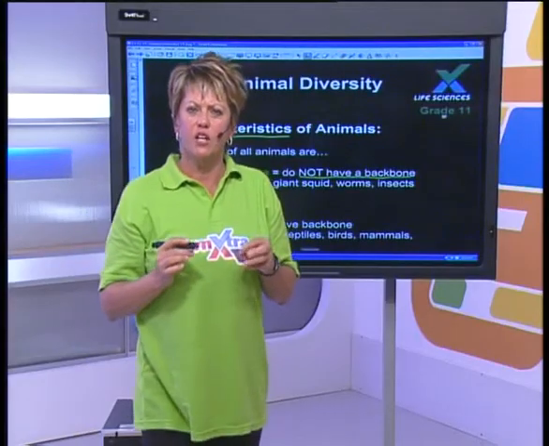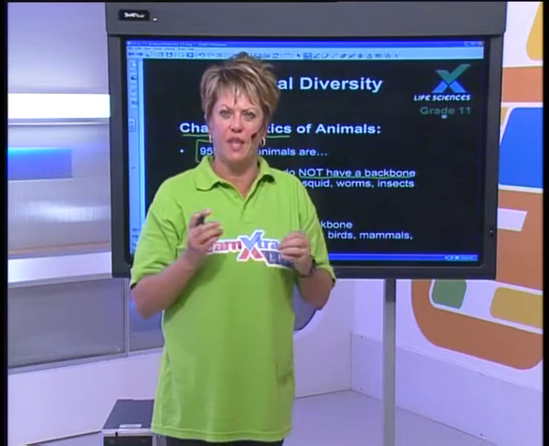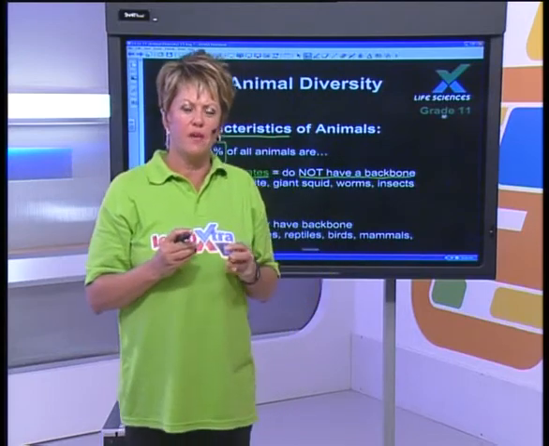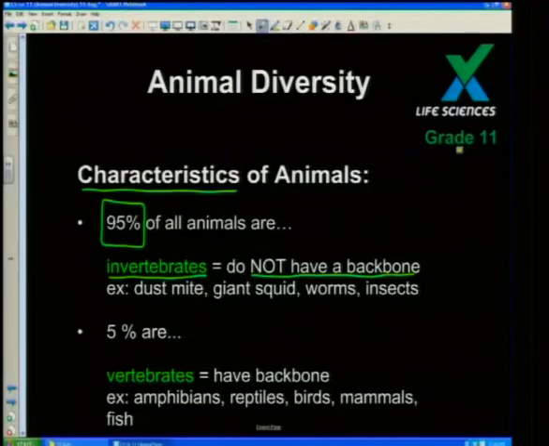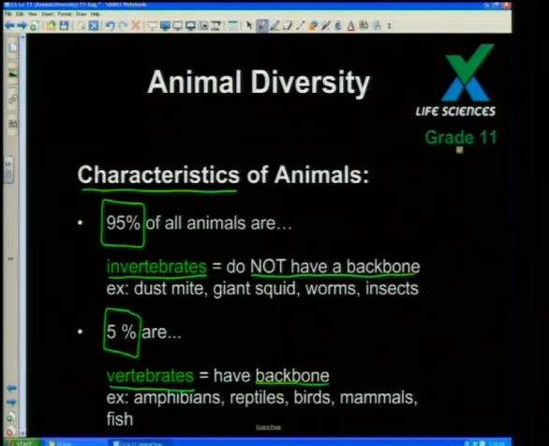Now, these animals, you don't even know about them. You don't even know they exist. You just know maybe your dog and your cat. Now, where do they belong? They belong to the group of vertebrates, which is only 5% of our animals that do have a backbone. All right, so those are our 2 main groups in which we're going to classify the animals, the invertebrates and the vertebrates.